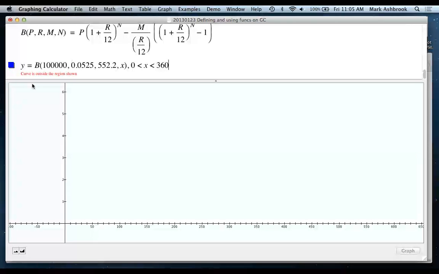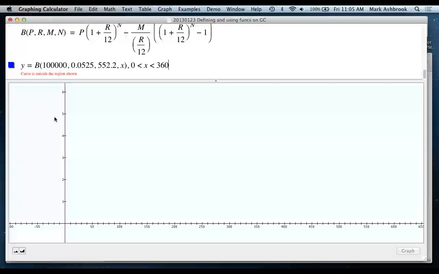All right, now what is this calculating? What is our output? Okay, what is the meaning of the output? What quantity is it? What is it giving us? The balance of the loan. So it's going to start at 100,000 and go to 0.